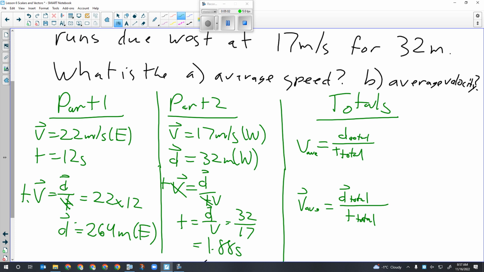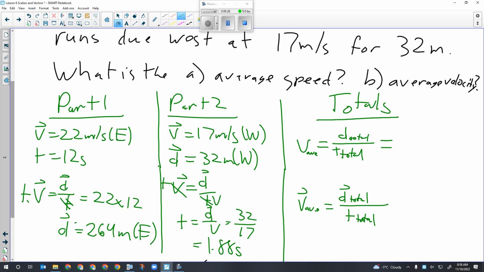So let's look at speed first. If I want to find my total distance, what do I have to do? Add them together. What do I add together? The two distances. The two displacements, but I'm just going to make them both distance. I'm just not going to put any direction on them because direction doesn't matter for distance.